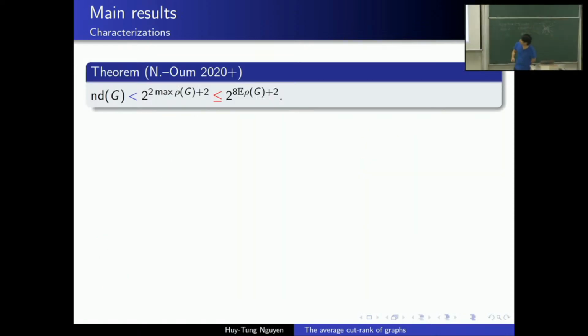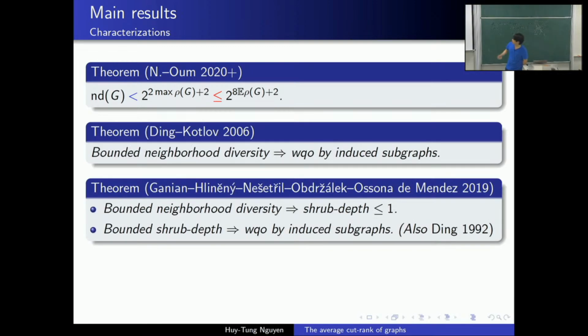Okay, so now we come back to these two inequalities, and come back to a result by Ding and Kołodziejczyk in 2006, saying that if a class of graphs has bounded neighborhood diversity, then it is well quasi-ordered by induced subgraphs.